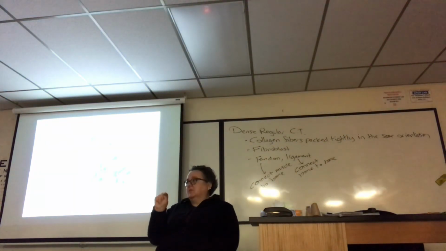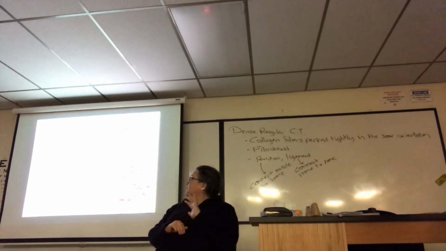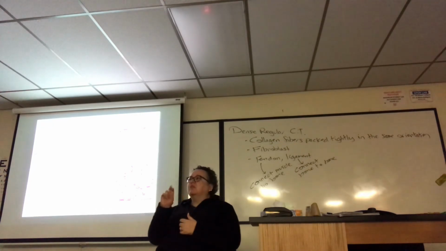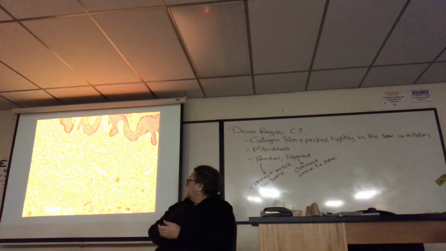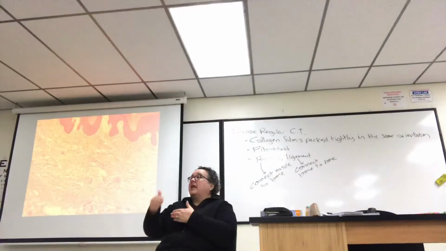Okay, here's dense irregular. I don't like the picture from the book. Actually, let's go with this one here. The next tissue type is dense irregular connective tissue.